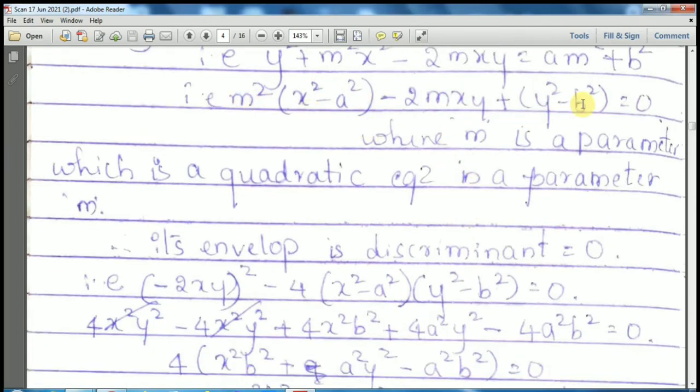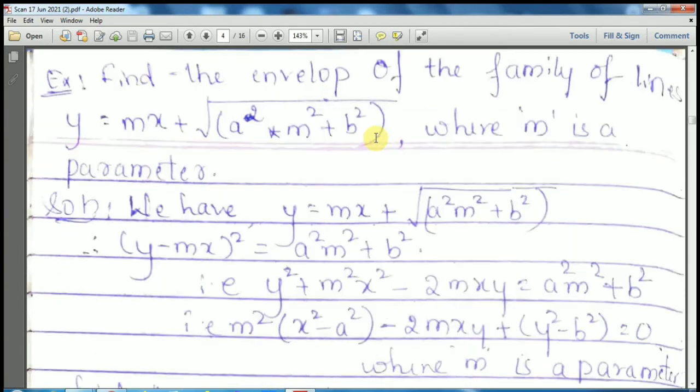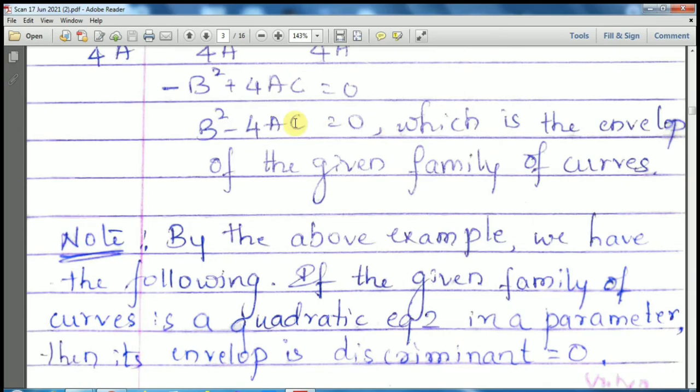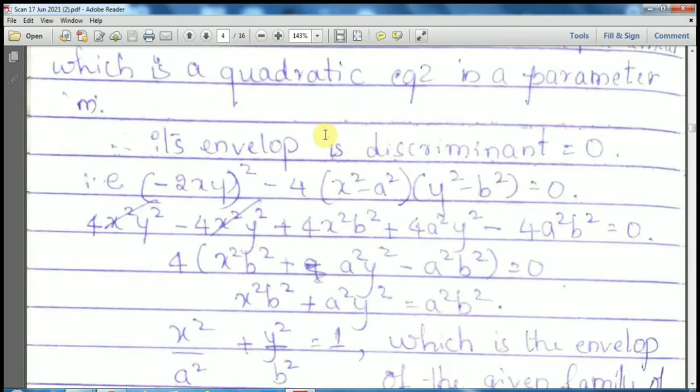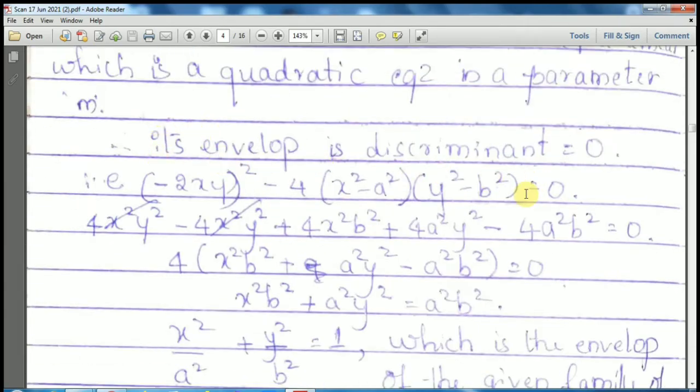So this is a quadratic equation, which implies its envelope will be its discriminant equal to 0, that we are taking. So the discriminant value is b square minus 4ac, as in the above problem. So we took b square minus 4ac here.